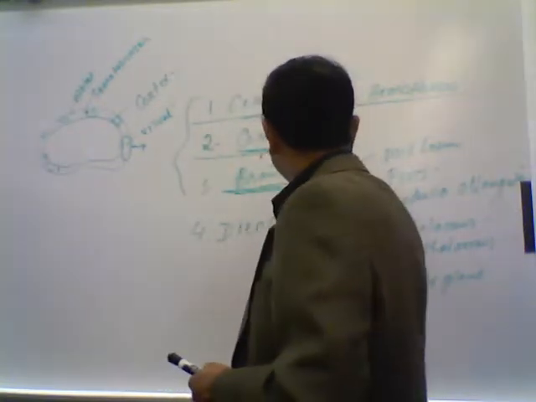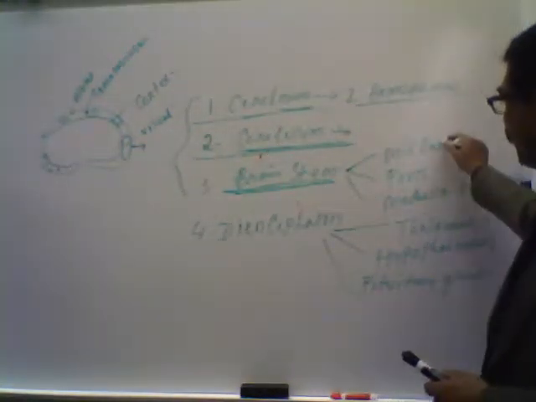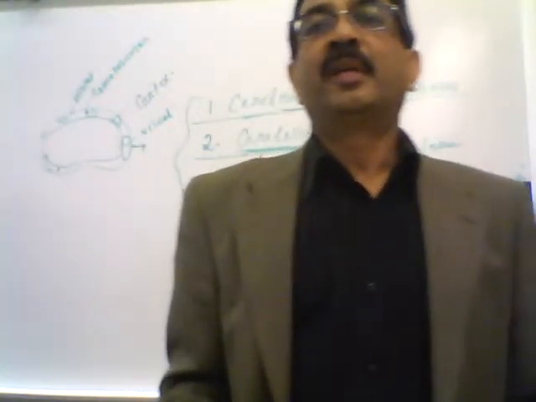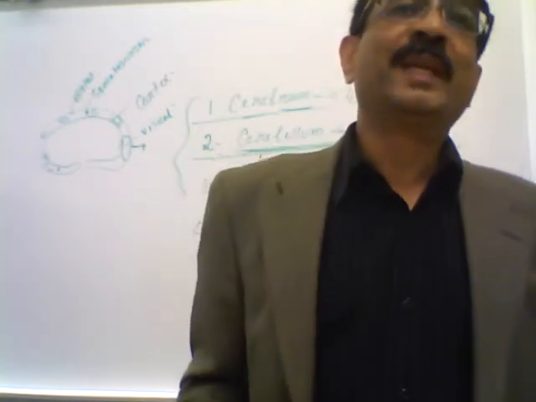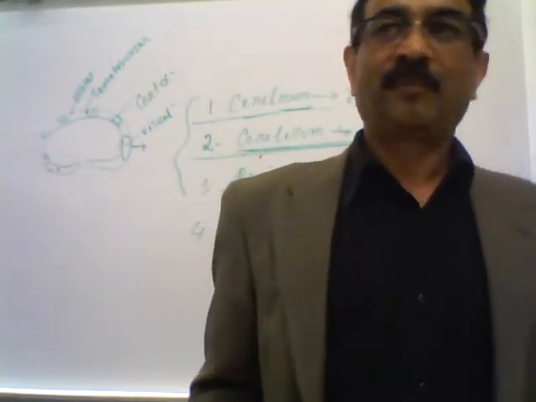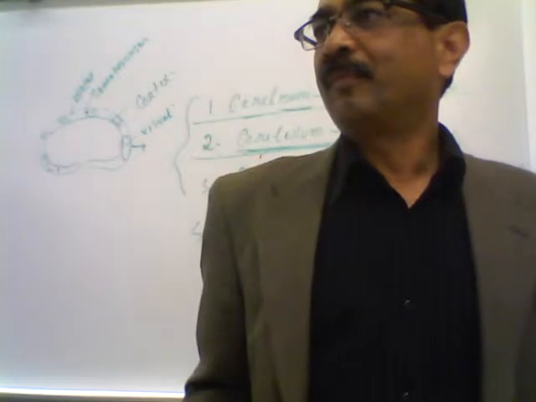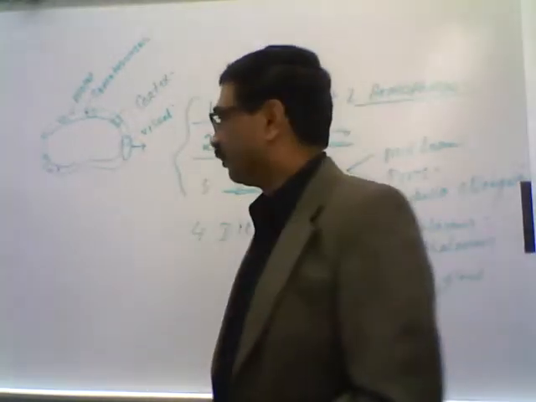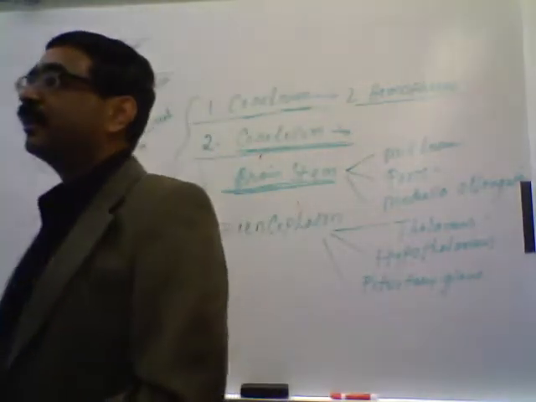Brainstem. In your midbrain, pons, and medulla oblongata, you have important regulatory centers present. For example, your cardiac centers, your respiratory centers.